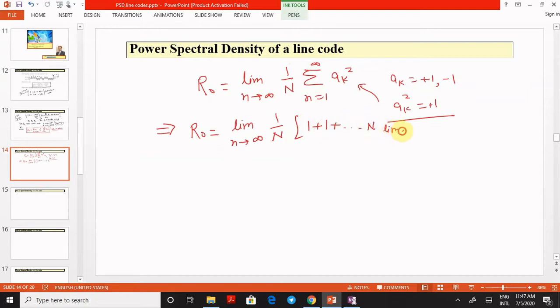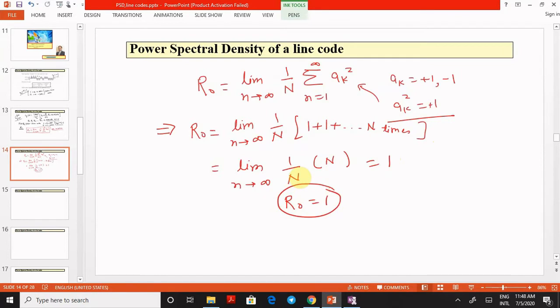Capital N times, right? So if we do so, then we can simply write down limit n tending towards infinity 1 upon n into n, that is equal to 1. So R naught is equal to 1, right? So we have found out the value of R naught.